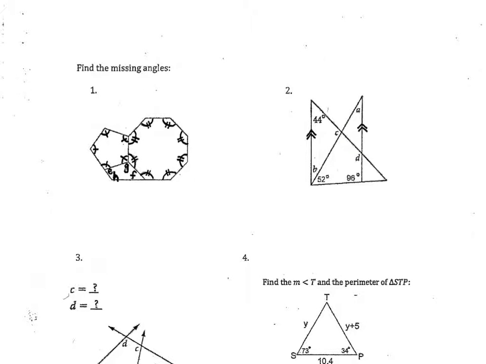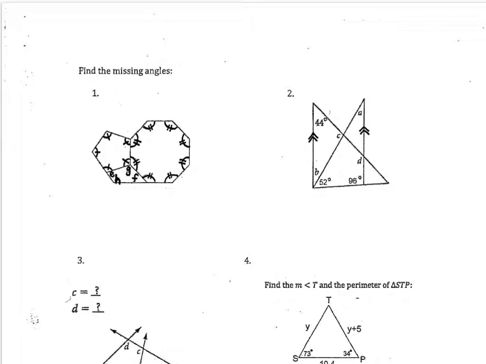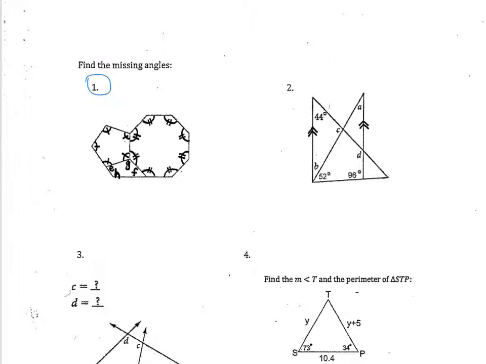If we look at page 2, you'll notice that these first two problems, number 1 and number 2, were probably the most challenging. Number 1, the secret here was to use the formula that the sum of the interior angles of a polygon is equal to 180 times n minus 2.